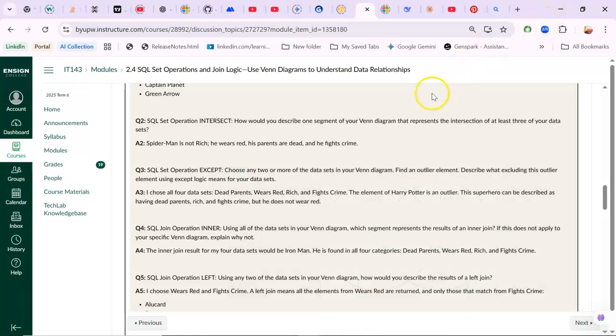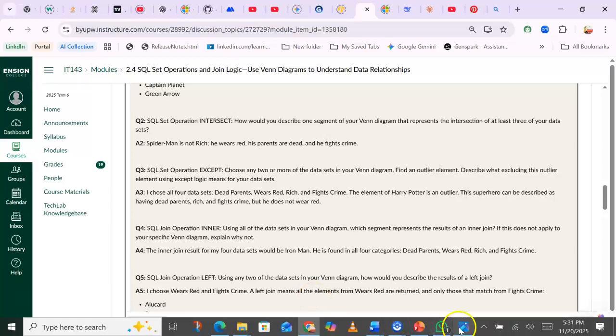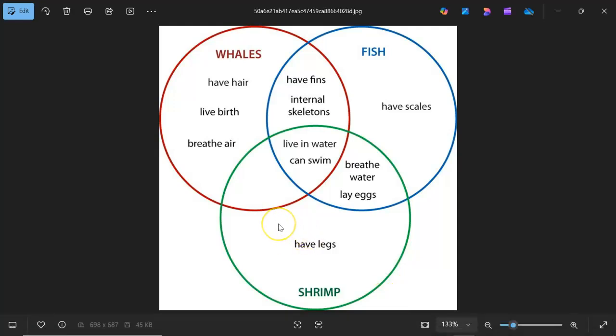So the next question is the inner join. That is question 4. Let's say inner join means show me only the results that are in all three groups.